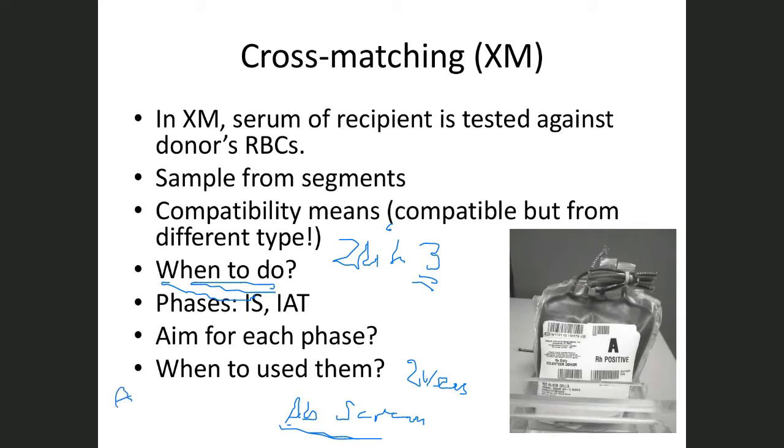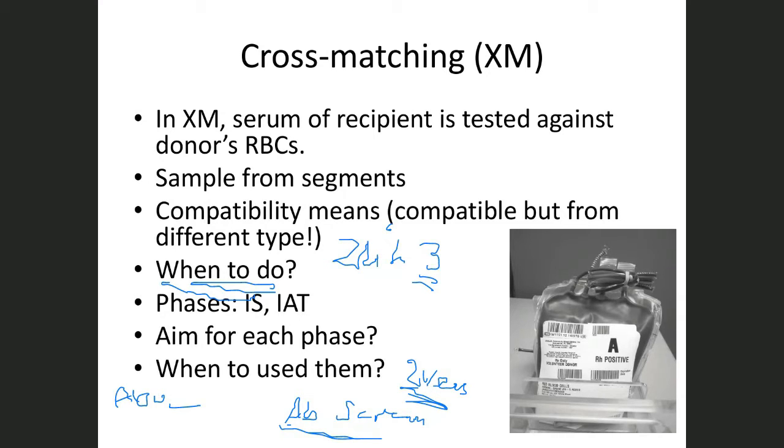ABO, I have to repeat each time the patient needs transfusion. Like antibody screening. Excellent. What may happen during these 2 years? What do you expect? Transfusion, sensitization. Excellent. So during this time, maybe this particular patient produced antibodies, isn't it?